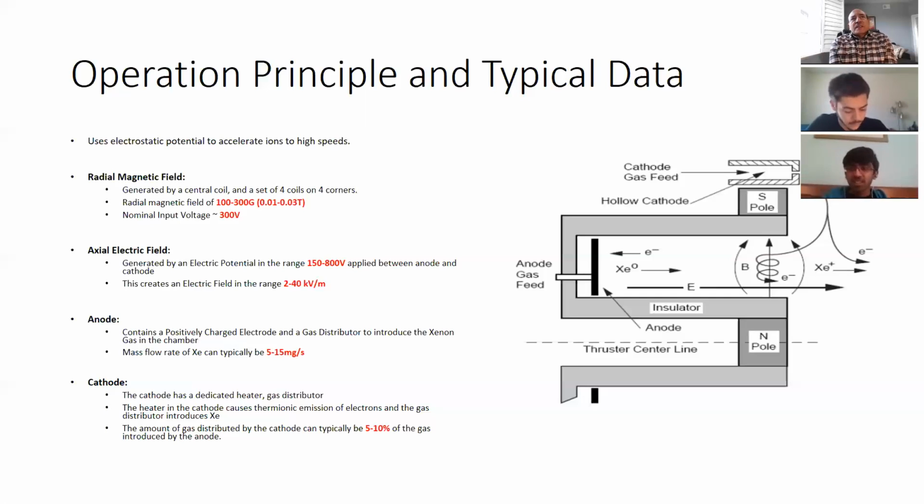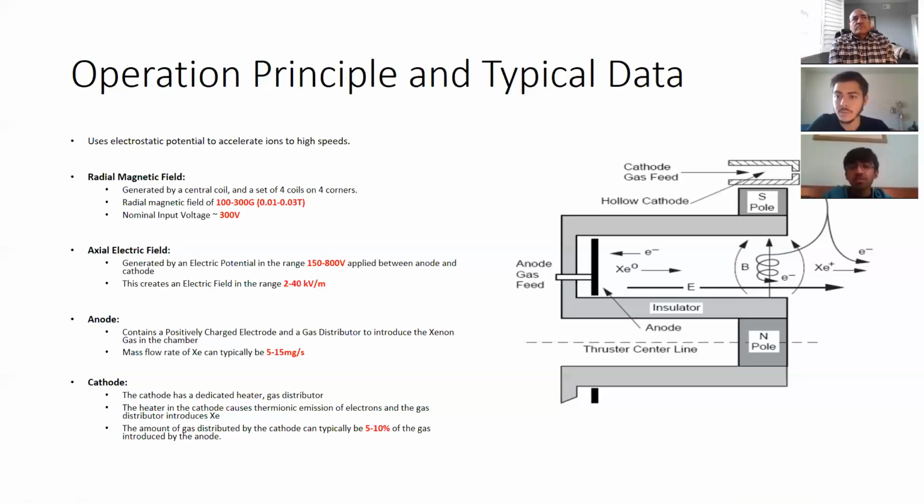But the main circuit supplies, let's say, an 800-volt potential between the cathode and the anode, and that is what gives the thrust. That 800 would be for higher performance Hall thrusters. For the 2.2 kilowatt one, the number is about 350 volts, which is the inputted discharge voltage.